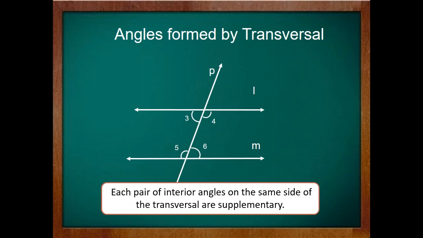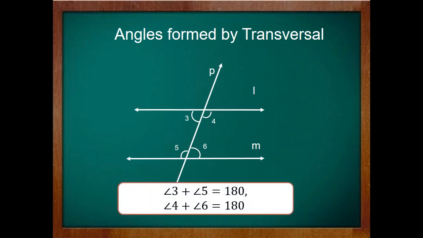Remember, what are supplementary angles? Supplementary angles are those whose sum is equal to 180 degrees. Therefore, angle 3 plus angle 5 is equal to 180 degrees, and angle 4 plus angle 6 is also equal to 180 degrees.